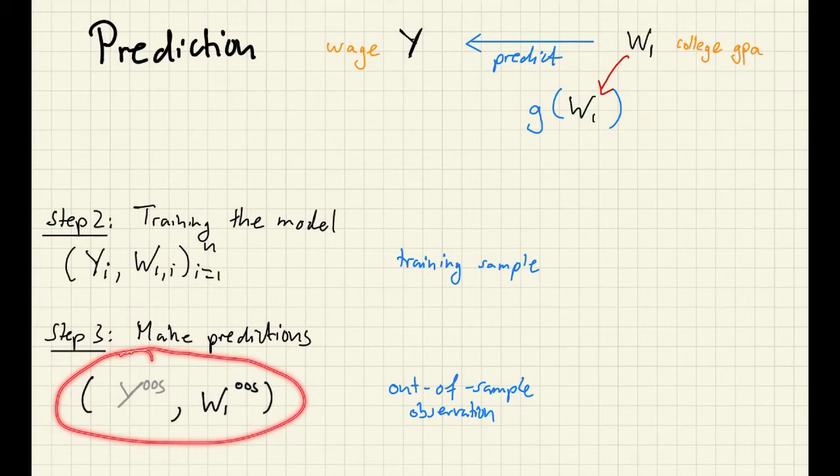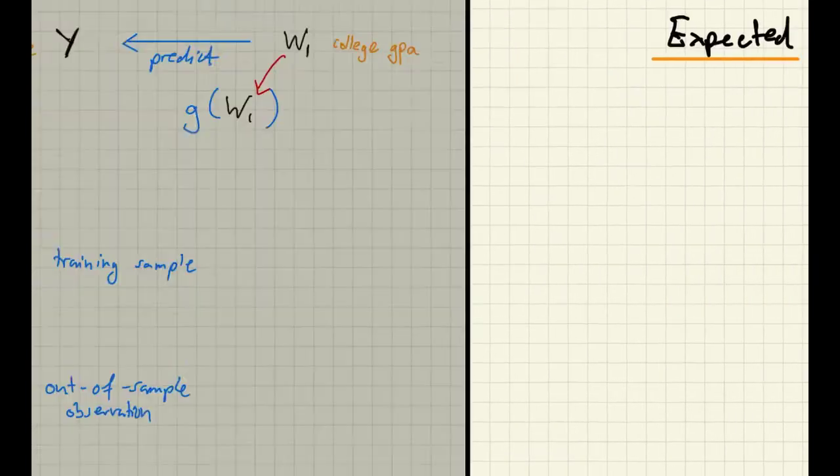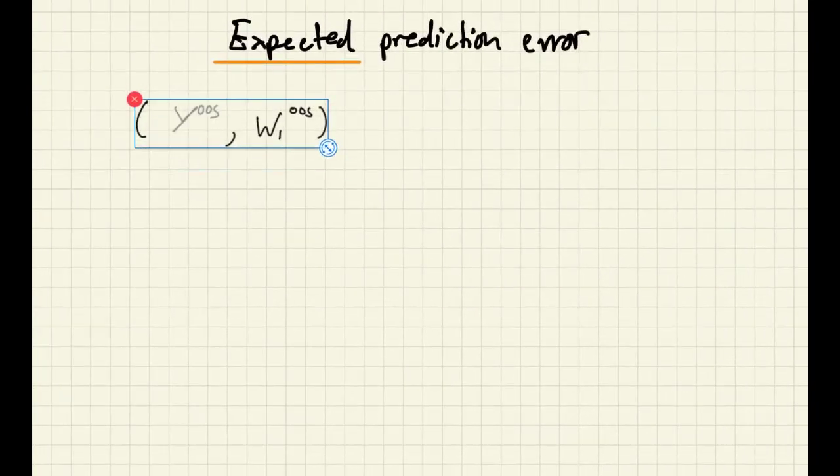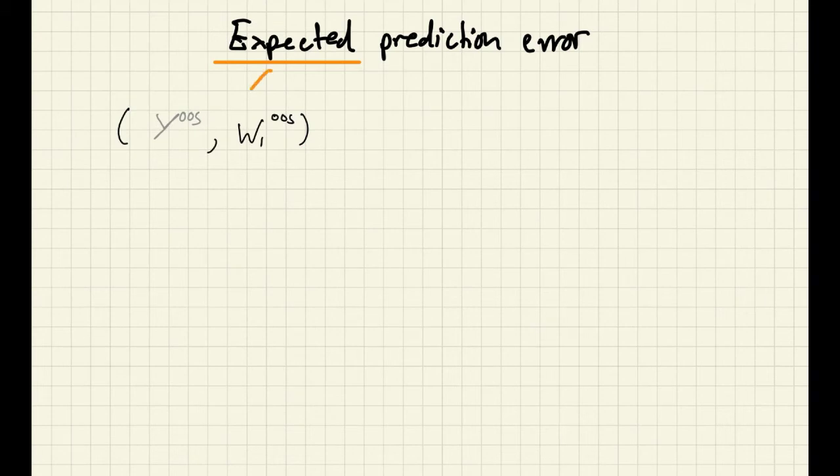We're taking the view that we don't know yet who we will be predicting for, and so we just predict for a random individual and hope that this works well in expectation. So let's look at our out of sample observation. This is the randomness we're talking about.